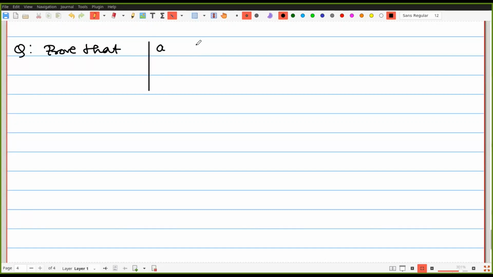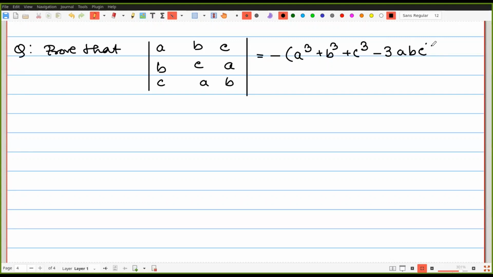the determinant with rows A, B, C; B, C, A; C, A, B is equal to minus of (A cube plus B cube plus C cube minus 3ABC).